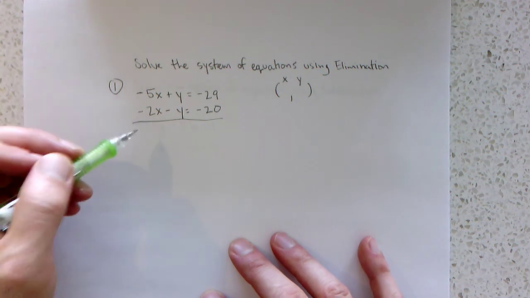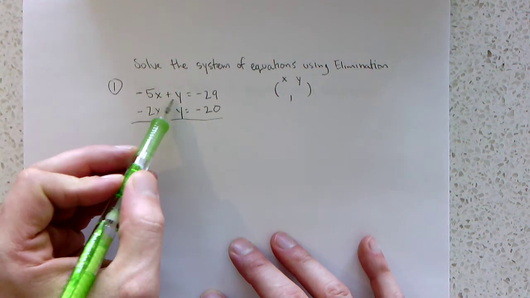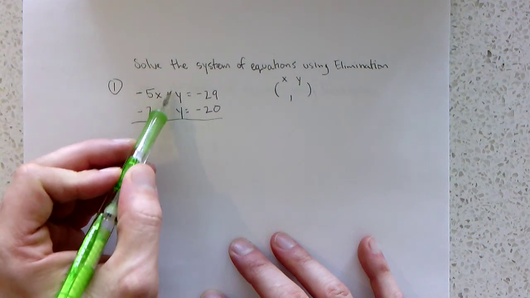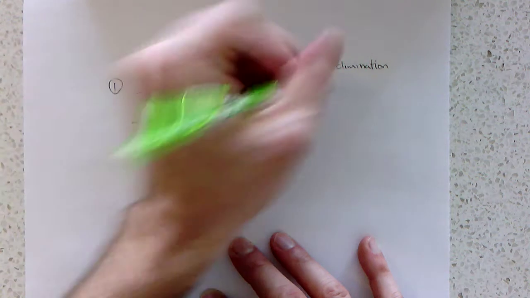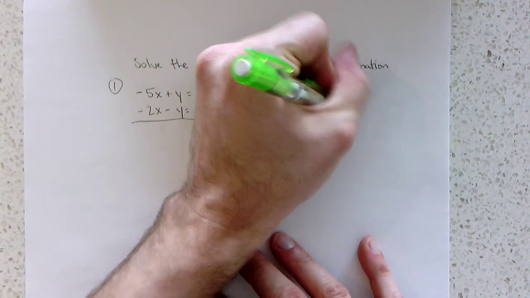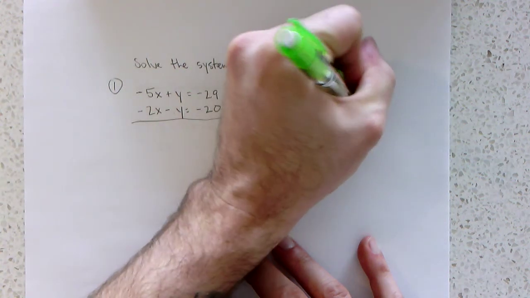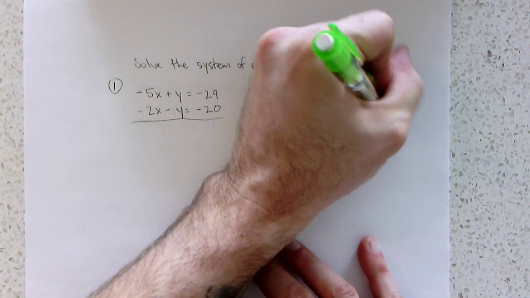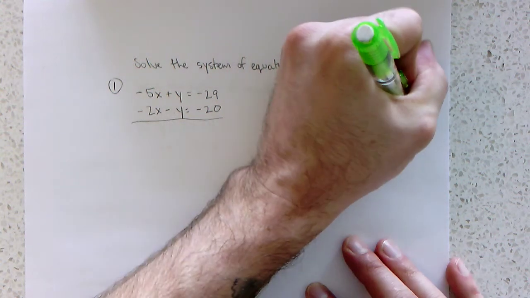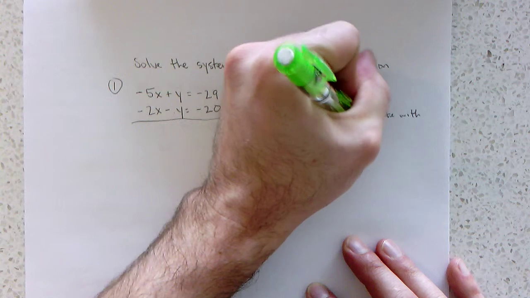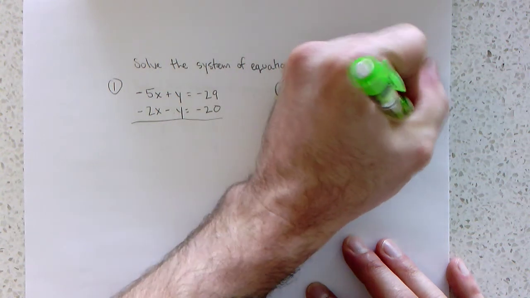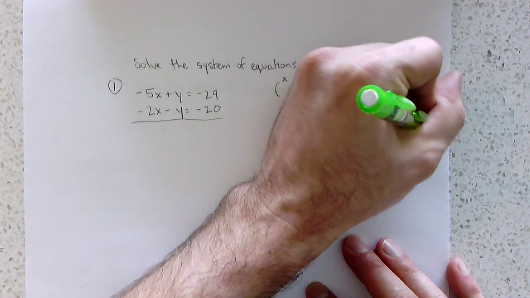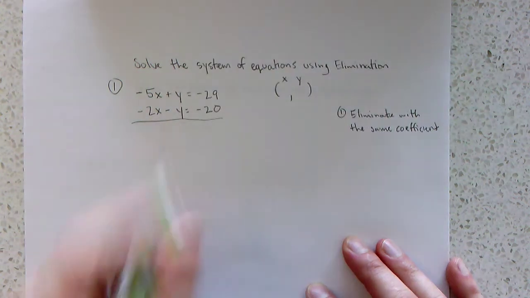So the first one that I notice is that the y's both have the same coefficient. So I want to eliminate a variable with the same coefficient.